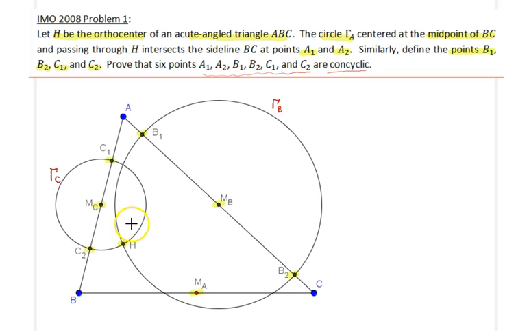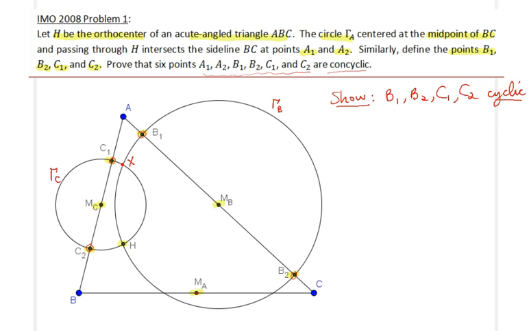First of all, I would like to point out that these two circles, gamma C and gamma B, intersect at point H, and the other intersection point here would be point X. I would like to start by showing that B1, B2, C1, and C2 are all concyclic.